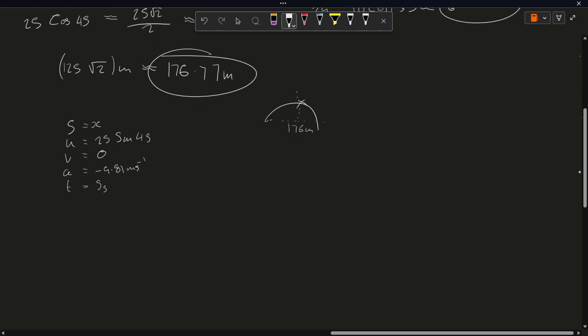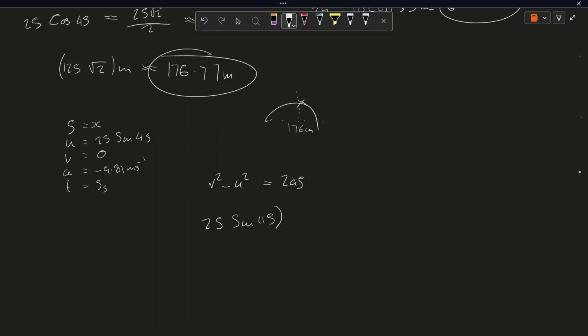I'll just use an equation like v squared minus u squared over 2as. If we substitute, we have initial 25 sine 45 squared. We know the final is 0, so there's no point writing it. We could technically write 0 squared over 2 times acceleration, which is minus 19.62 in this case. These negatives cancel out. Then we're just left with this.